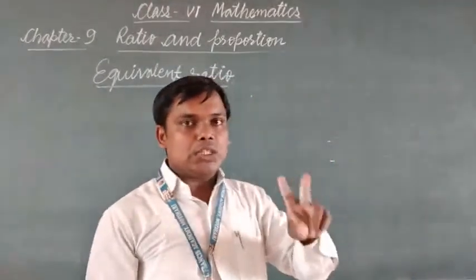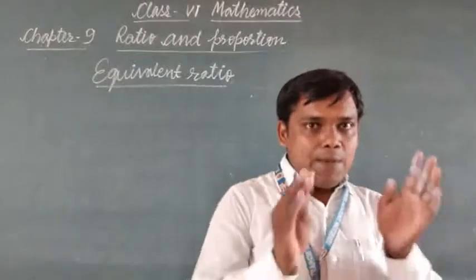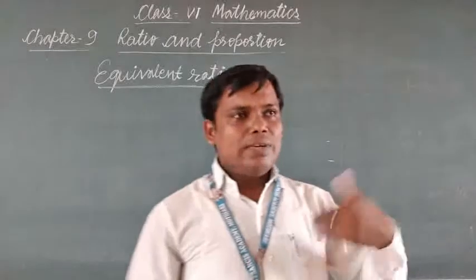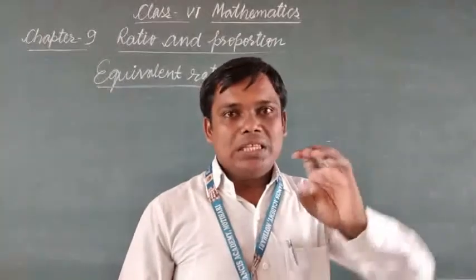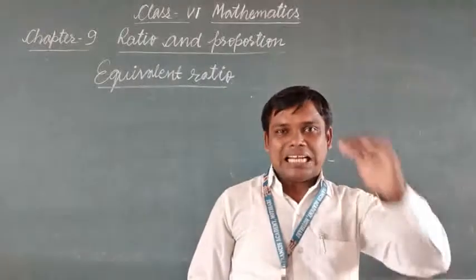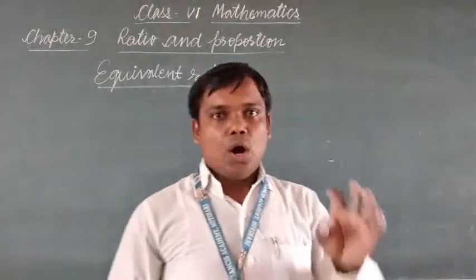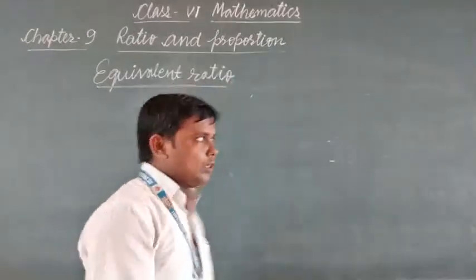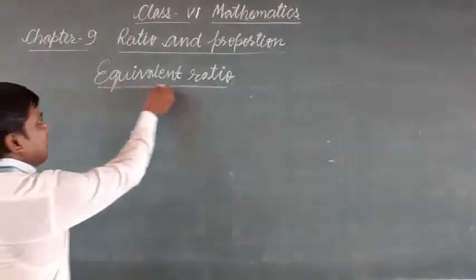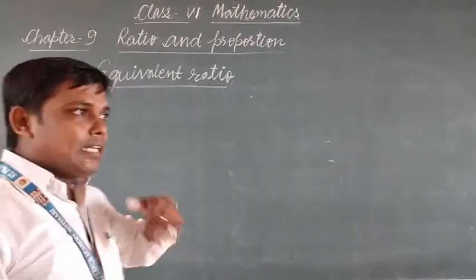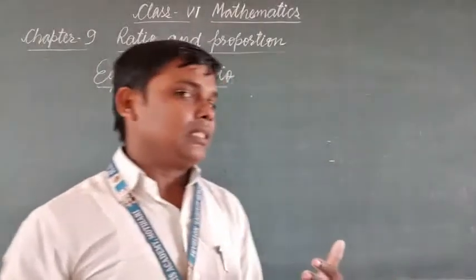To calculate equivalent ratios, we multiply both the numerator and denominator, that is, the first term and second term of the ratio, by a natural number.